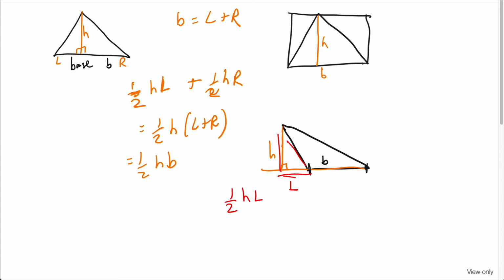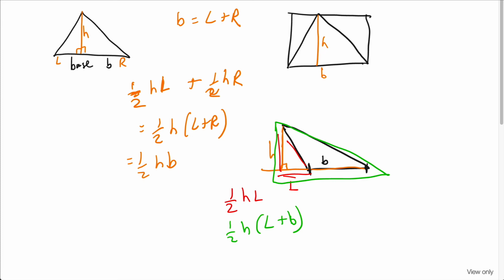And then we have another right triangle, this green one here, and that area is 1/2 H times (L plus B), right?